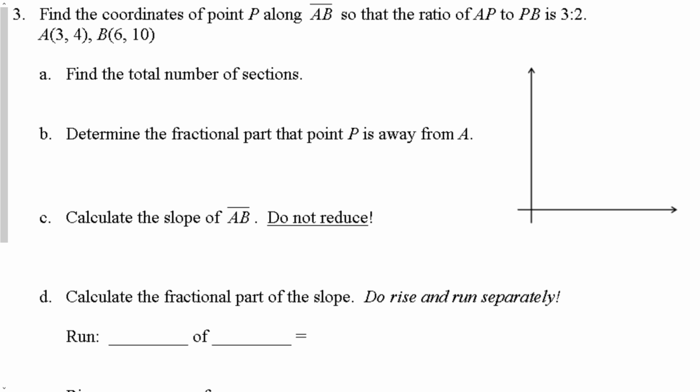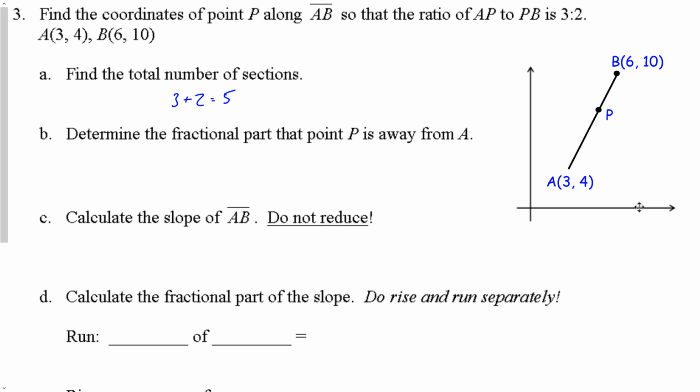So to find the number of sections, all you have to do is take the two parts of your ratio and add them together. That tells you how many sections you would have. Now we have to determine the fractional part that point P is away from point A. So that means we're going to take 3.